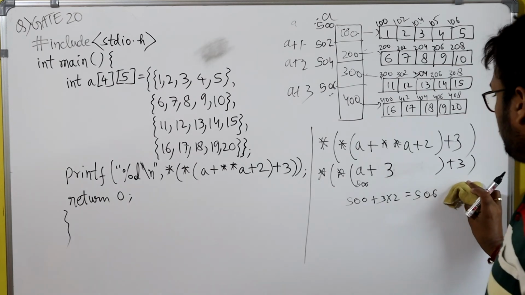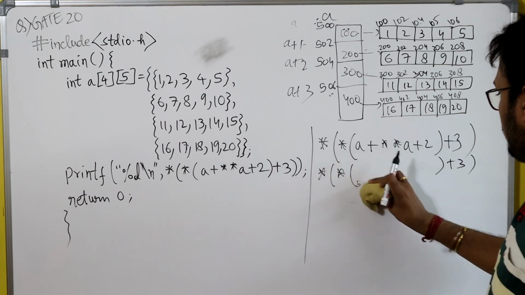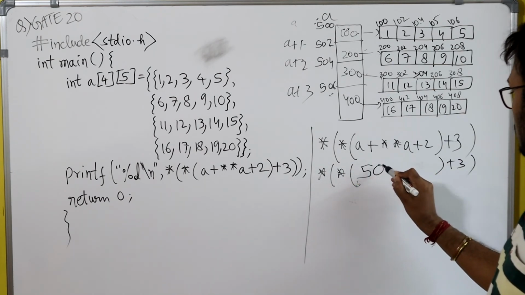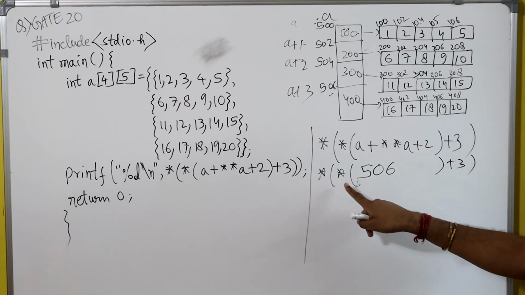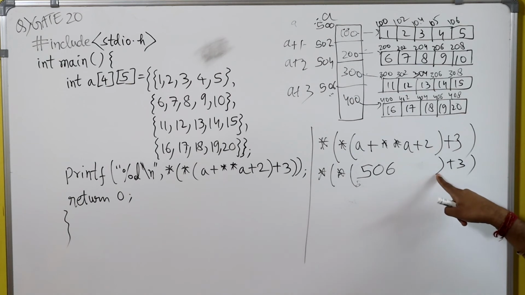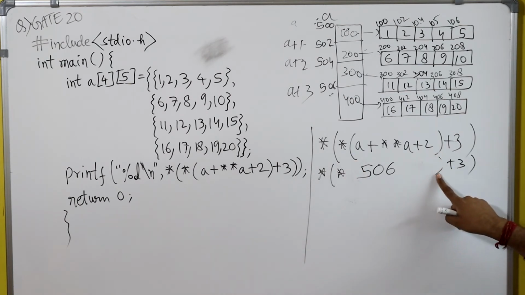So let's write 506 here. In place of A plus 3, I have written 506. So star, then again bracket, then star, then again bracket, then 506. This bracket is closed, so no need to write this bracket because only a single element is left.